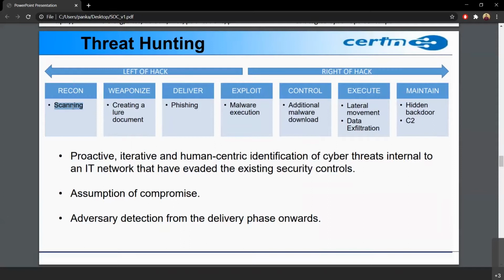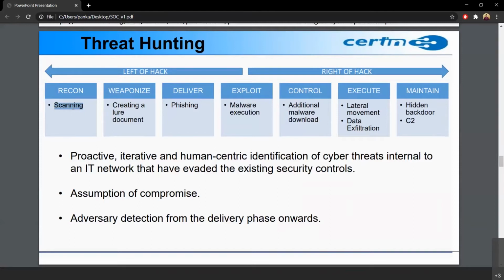It depends upon the type of malware or the type of attack being carried out. Then the sixth stage is execute. Whenever the additional malware has been downloaded, it moves internally to other networks and other devices and takes control. They find the data they want and they exfiltrate it. So this is basically the execute stage.